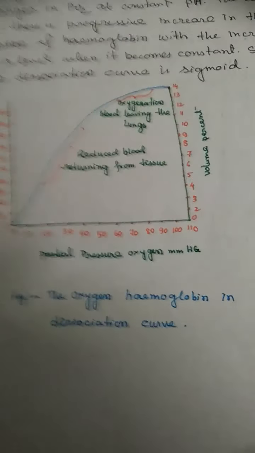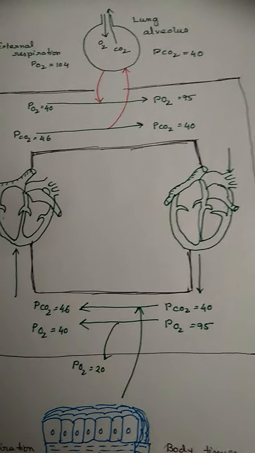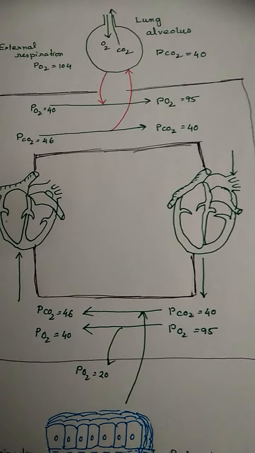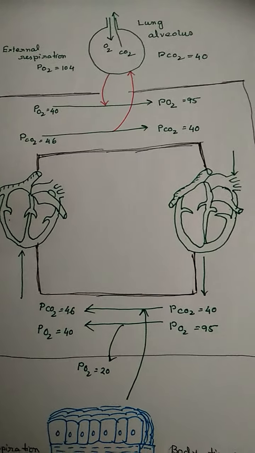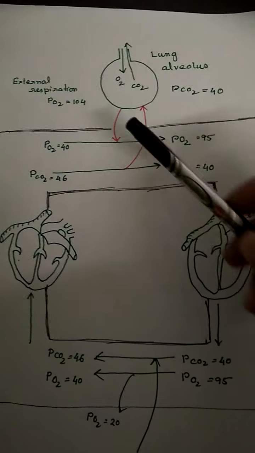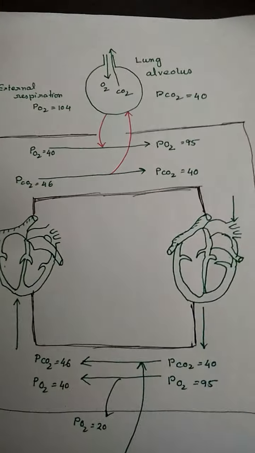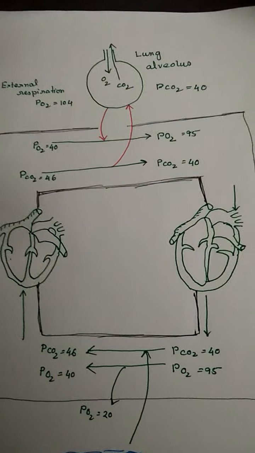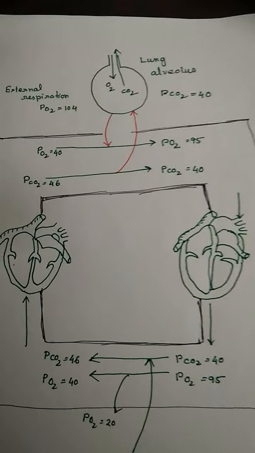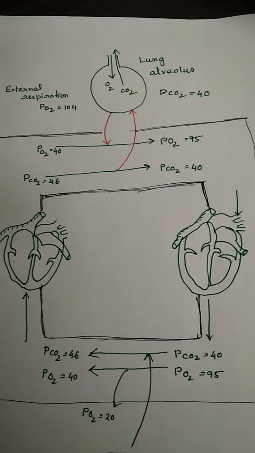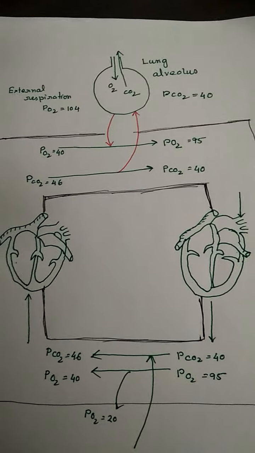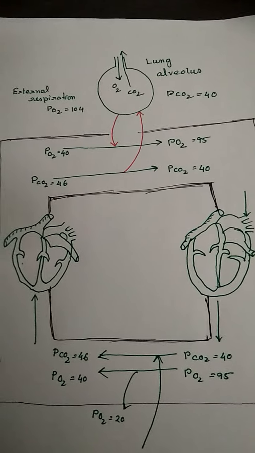What are the factors which affect the oxygen dissociation curve? One is the partial pressure of carbon dioxide. Next is temperature: the curve turns towards the right side with an increase in temperature.